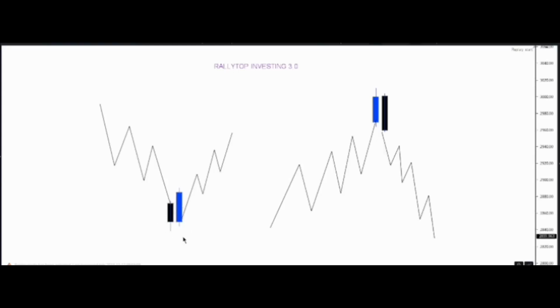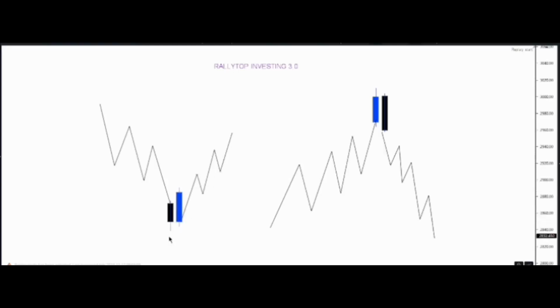Now, once you find this two candle formation, you will know that price is about to reverse. This two candle formation is a strong reversal signal. You will know that price is about to reverse, and therefore you can position yourself to now start going long from here.